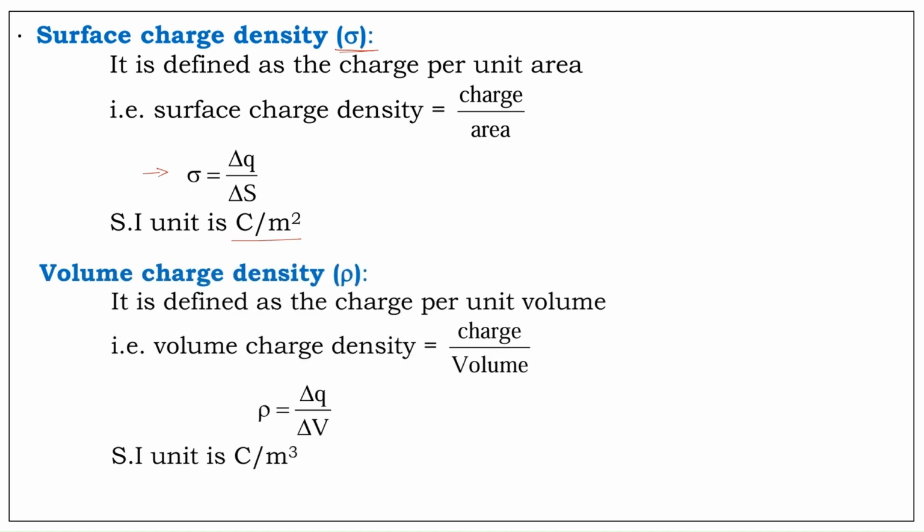Volume charge density, denoted by ρ. It is defined as the charge per unit volume. Volume charge density is equal to charge by volume. That is, ρ is equal to delta Q by delta V. SI unit is Coulomb per meter cube.